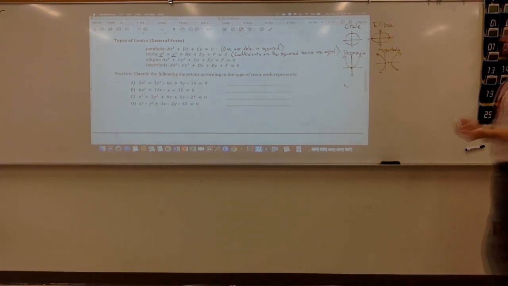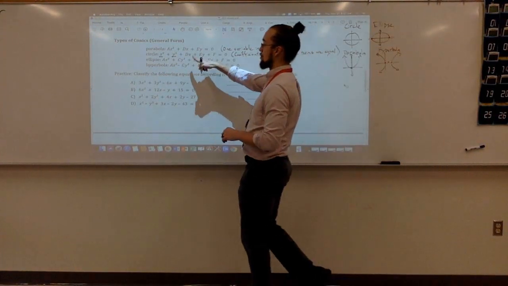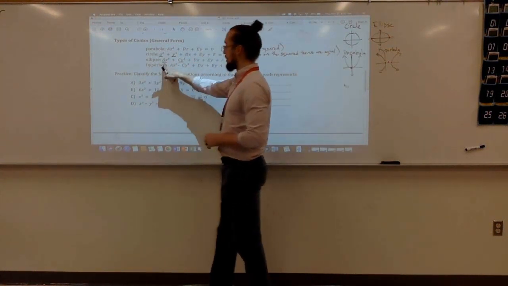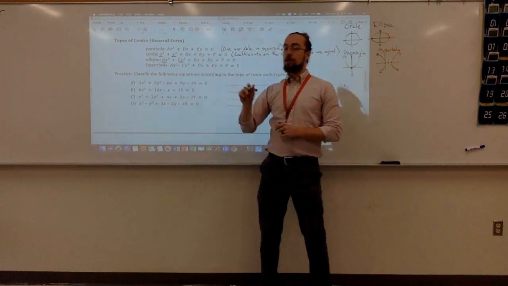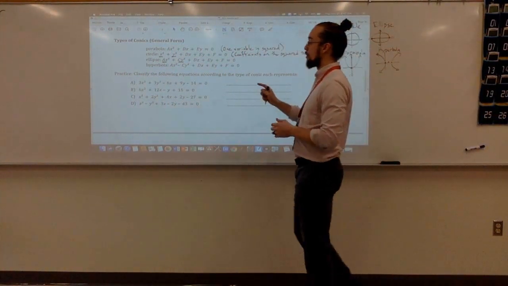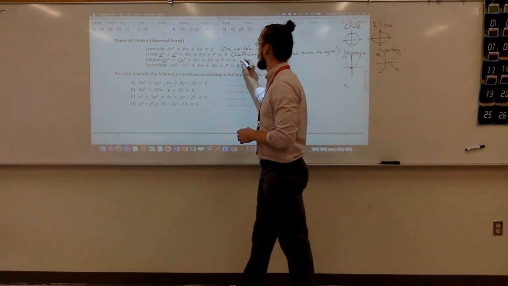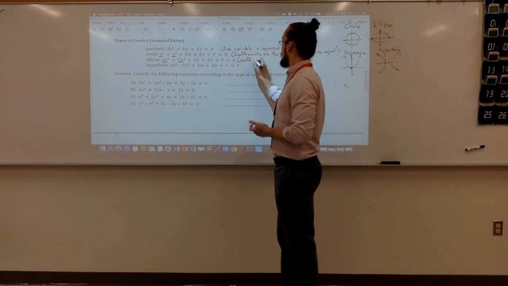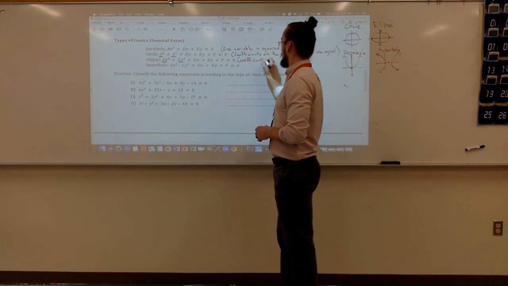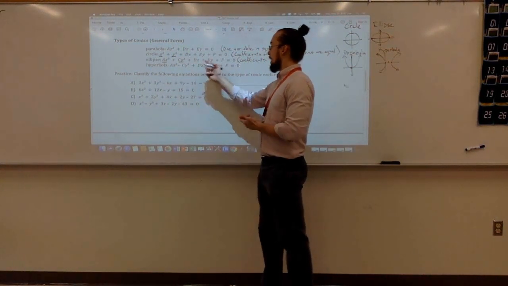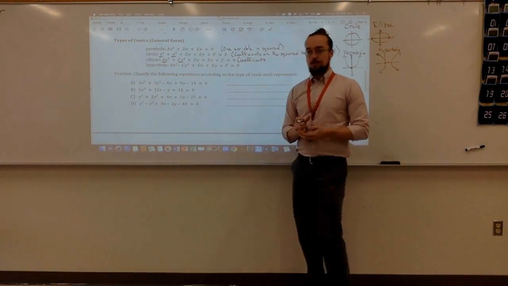Now, the difference between a circle and an ellipse is that the coefficients on the two squared terms are not equal. Okay? For all of these, we could have lots of different things added on, and we could have x's and y's and constants.